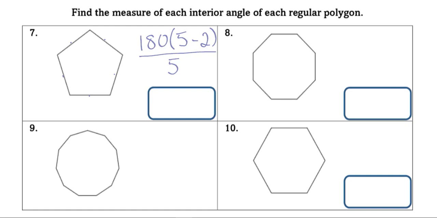So 180 times 3 is 540, divided by 5 is 108. So each of these angles is 108 degrees.